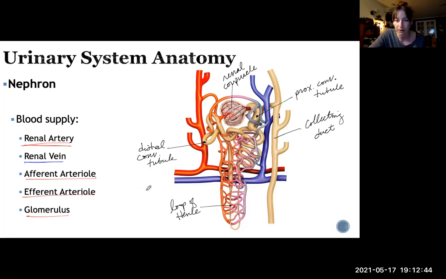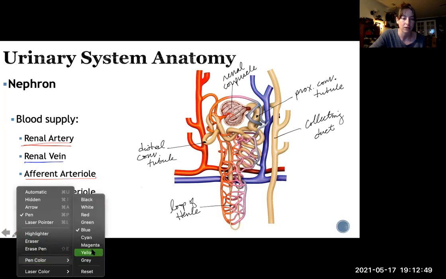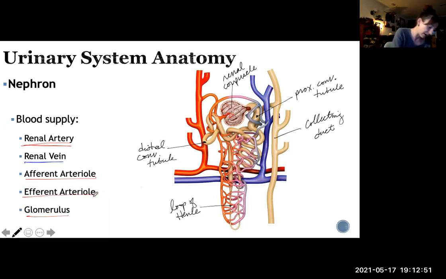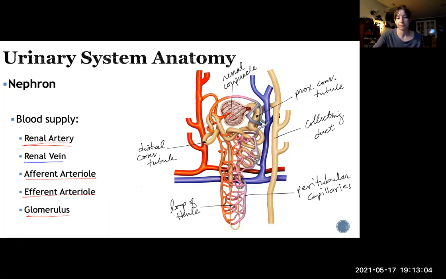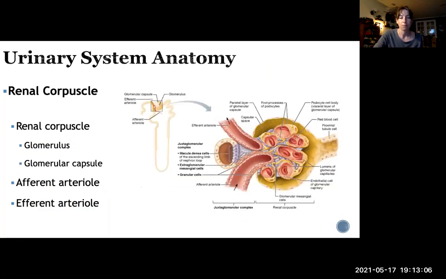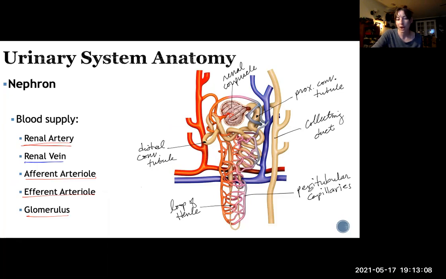What was I going to do here? Oh, peritubular capillaries. I wanted to make sure that we didn't forget about that term. Peritubular capillaries, very important. Peritubular as in around the tubes, around the tubules.